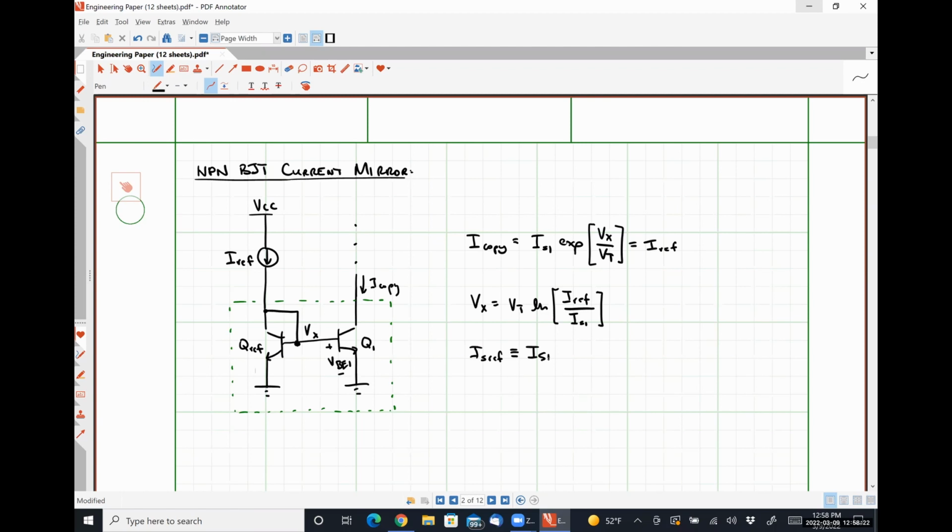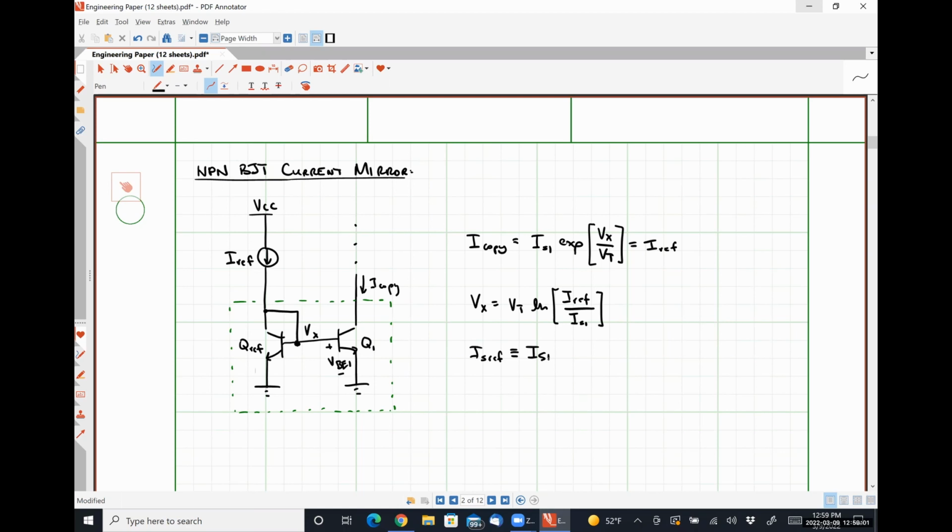In that case, what's happening here is that our reference current is effectively forcing a current of IREF to flow through transistor QREF, which in turn, through this feedback loop, forces a voltage of Vx to occur between the base and emitter terminals of QREF, because that base emitter voltage drop has to be there in order for QREF to be carrying IREF.